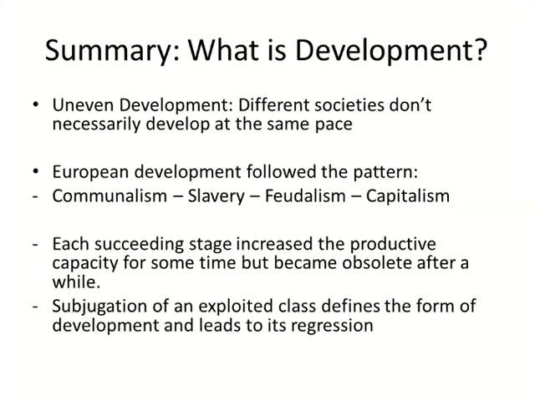They can go faster and they can go slower. But all societies develop. When we look specifically at European development, we have the pattern from communalism to slavery to feudalism to capitalism. And of course, now we are in the era of capitalism.